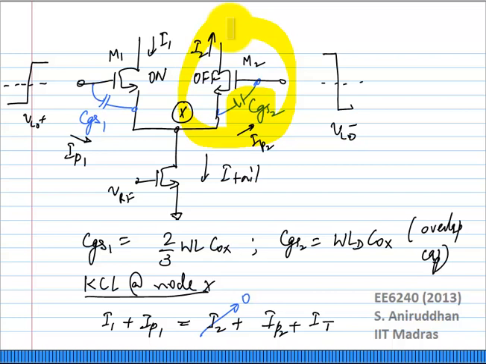If the part that is diverted becomes large enough, what can happen to M1? It will go out of saturation, right? If the current becomes small enough, the device M1, which you wanted to be in saturation, can go into the linear region.